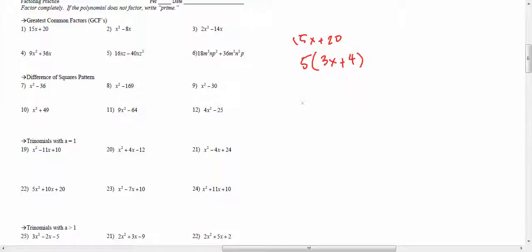Let's try this hard-looking one. 18m squared np squared plus 36m squared n squared p. I know you're all worried, you're all freaking out. All right.